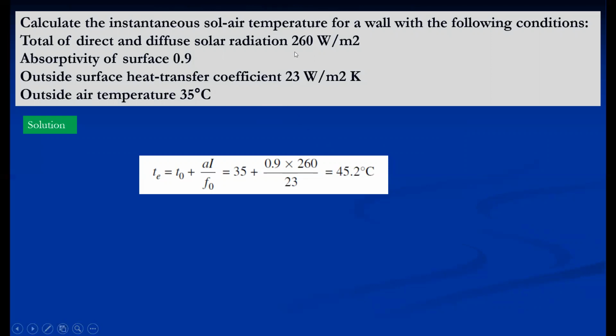So obviously it is a windy atmosphere outside, because the heat transfer coefficient for still air is generally less than 10. Outside air temperature is also given, 35 degrees Celsius. So if the outside temperature is 35 degrees Celsius, the solar air temperature is actually 45 degrees Celsius, which takes into account the solar radiation as well as convection heat transfer.